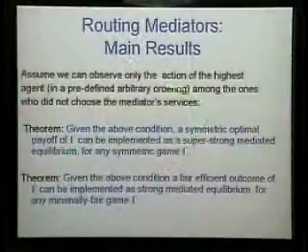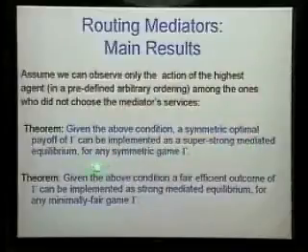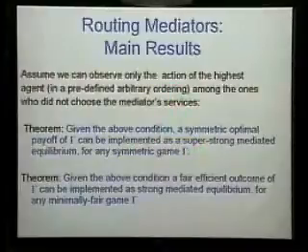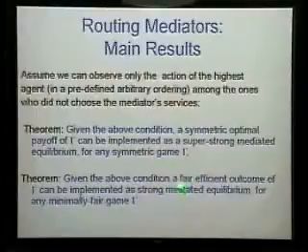Given the above condition, the relaxed information structure, a symmetric optimal payoff of gamma can be implemented as a super strong mediated equilibrium for any symmetric game gamma. So the same kind of results for symmetric games in the relaxed information structure, and also, given the above condition, we can obtain a fair efficient outcome as a strong mediated equilibrium in any minimally fair game.